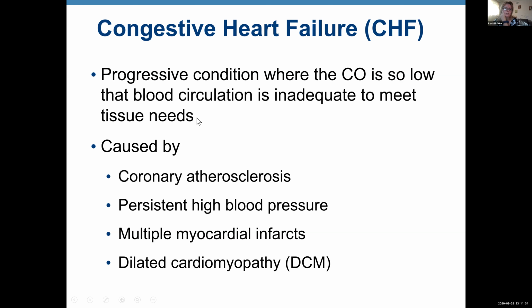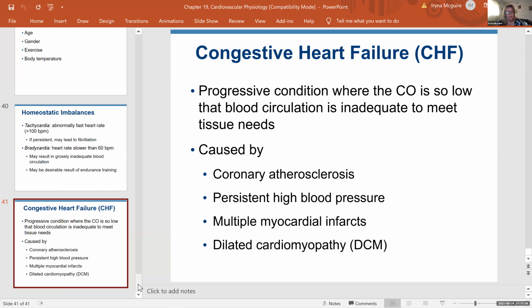So ischemia of tissues. And it's caused by coronary atherosclerosis, persistent high blood pressure, multiple myocardial infarctions, or dilated cardiomyopathy. This is when the heart muscle becomes large but weak, right? So that's the last slide.